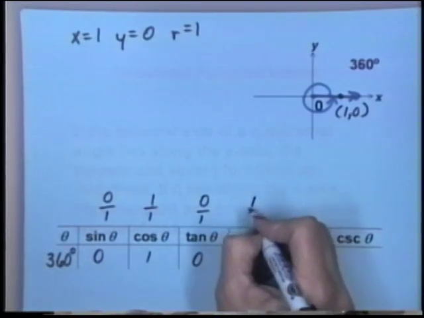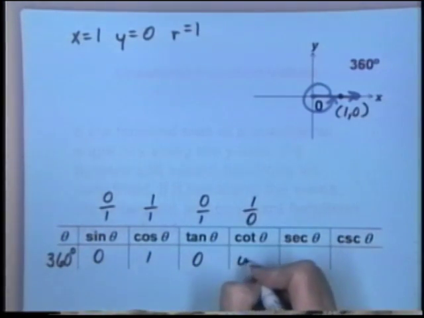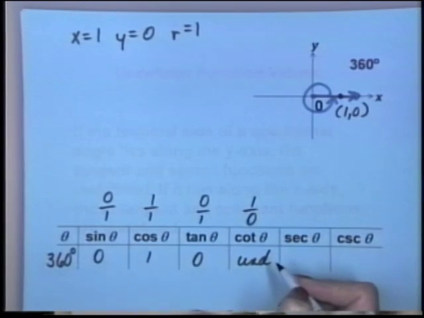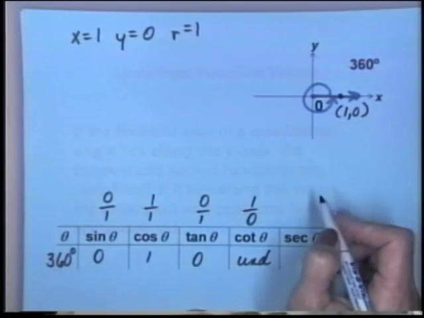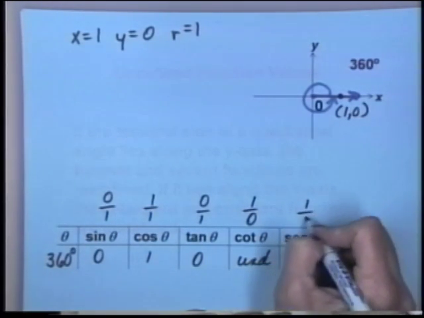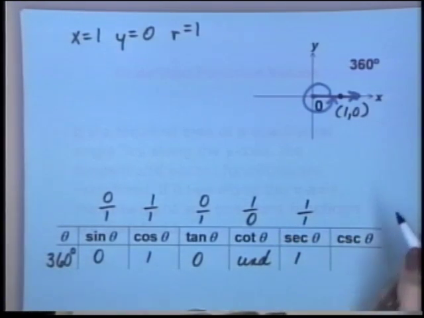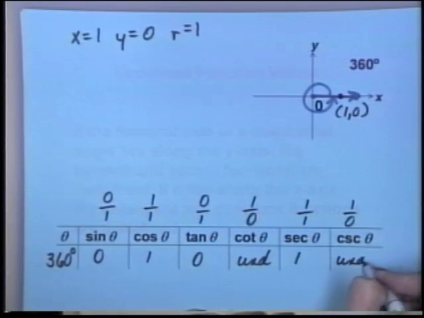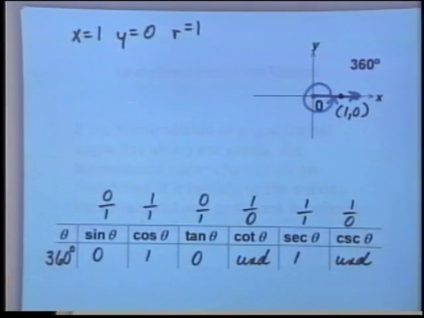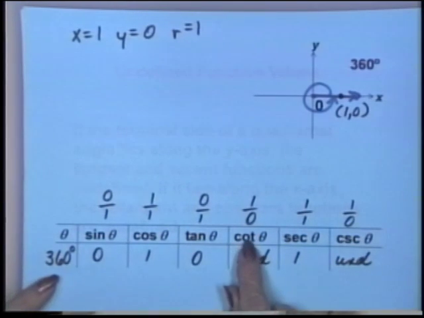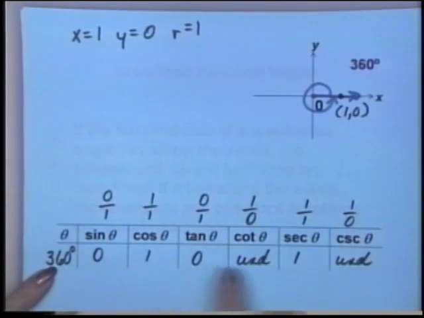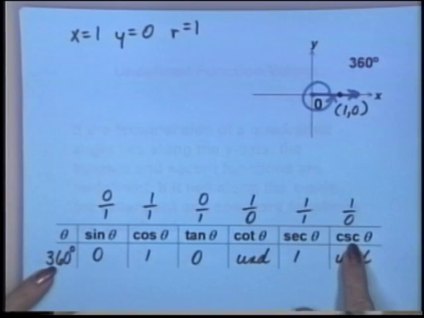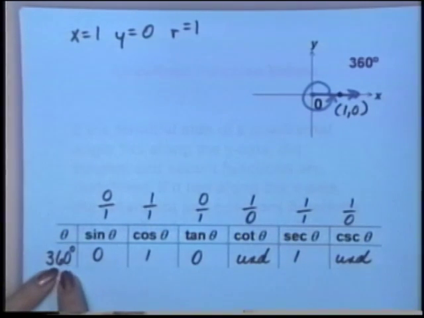For the cotangent, x over y is undefined. For the secant, r over x, we get 1. And for the cosecant, r over y is undefined. And notice that for 360 degrees, just like for 0 degrees, the cotangent of 360 degrees is undefined, and the cosecant of 360 degrees is undefined.